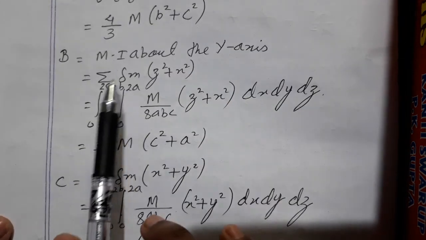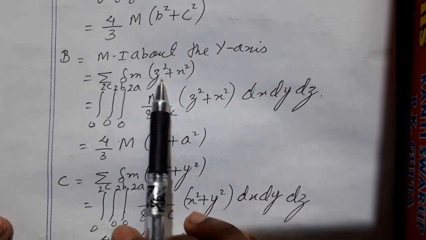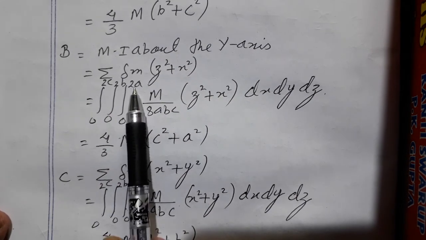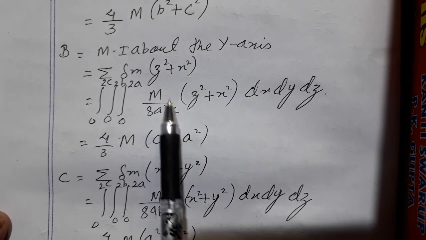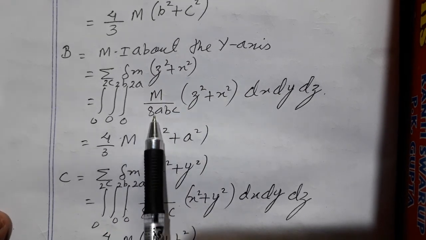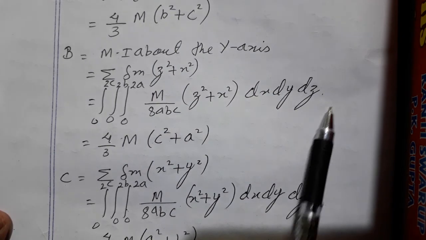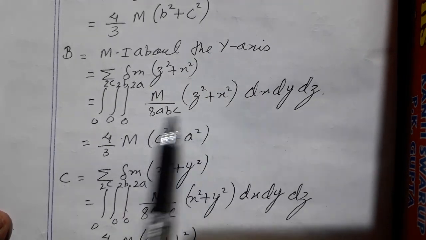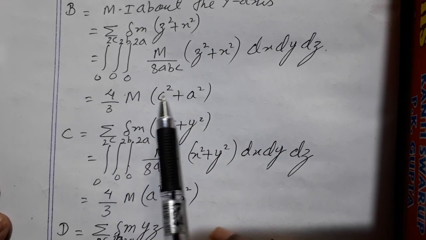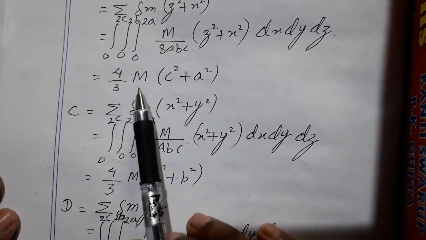In the same way, for the moment of inertia about the y-axis, the formula is summation delta m (z squared plus x squared), with the same limits and the same element mass. Integrating, we get B equal to 4 by 3 m (c squared plus a squared).